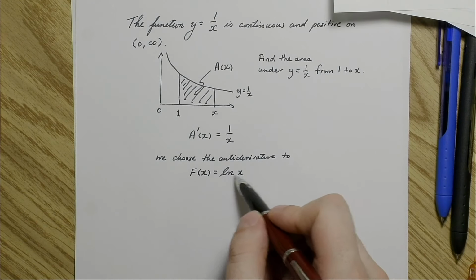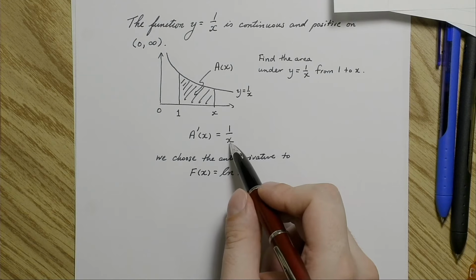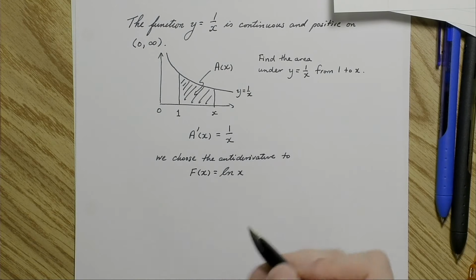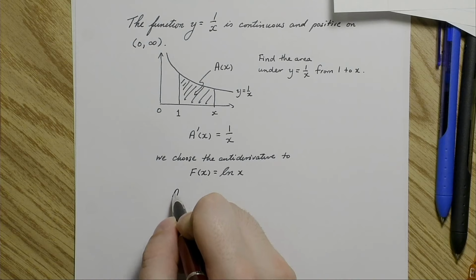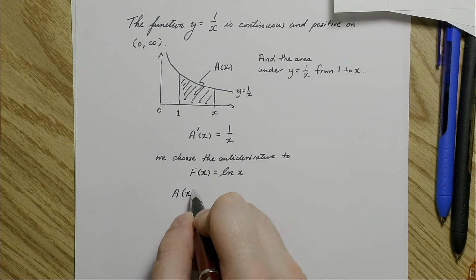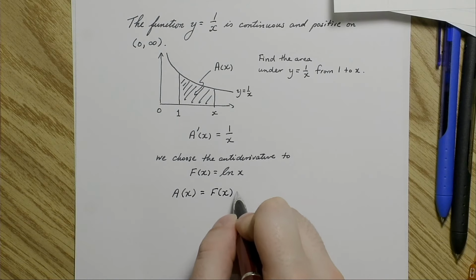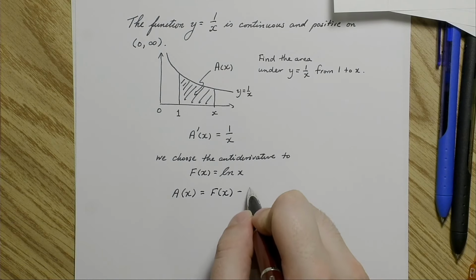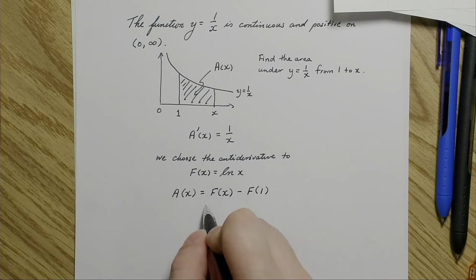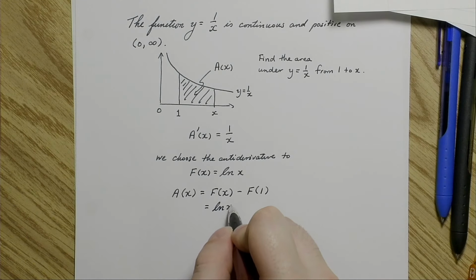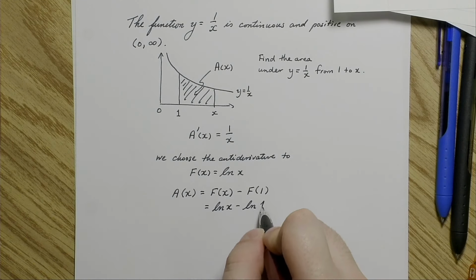Remember, if we take the derivative of ln x, we get back to 1 over x. So that's perfect. And A of x is equal to F of x minus F of 1, and in this case, it's ln x minus ln of 1.